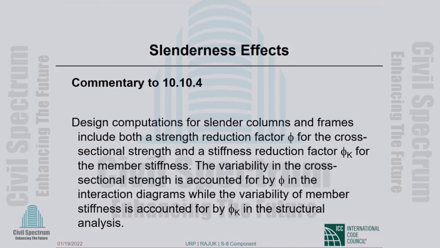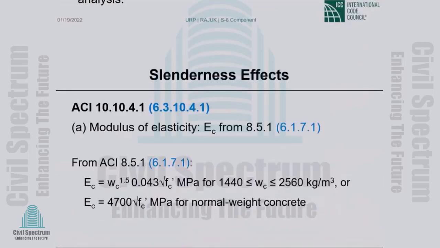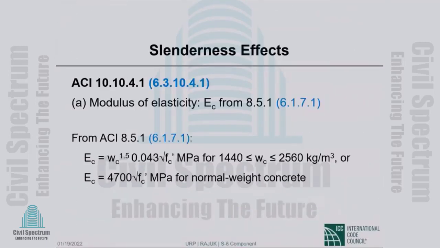You will see that in the interaction diagram, so we will go there. While the variability of member stiffness is accounted for by the phi sub k in the structural analysis. The phi sub k you do not see, but that concept is kind of built into the numbers that we tend to use.